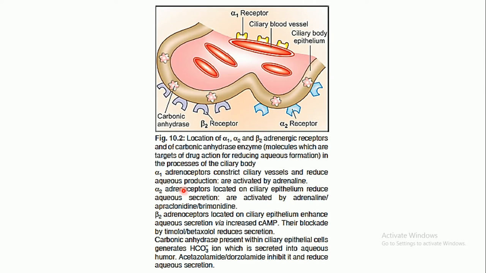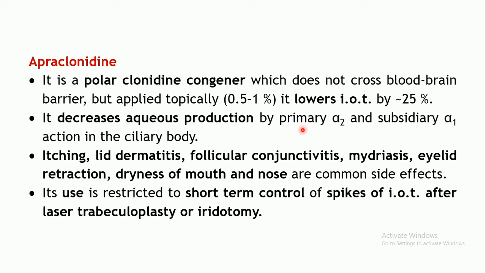Even the alpha-2 adrenoreceptors, which are located on the ciliary epithelium, by stimulating these receptors, the secretion of the aqueous humor which is formed by the ciliary body is also decreased. Okay, so it decreases the formation as well as the secretion of the aqueous humor by its alpha agonistic property.